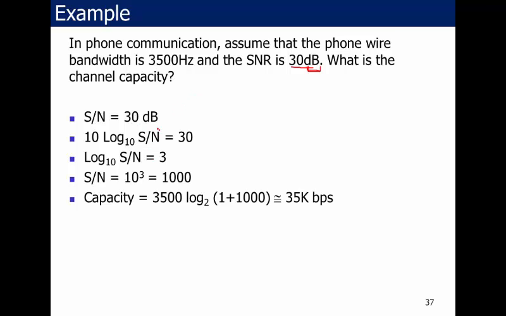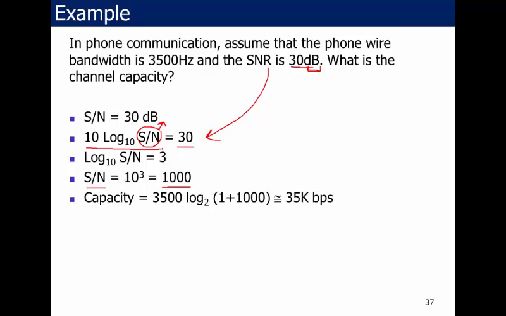SNR is only this portion. The entire thing is 30. So from this formula, we need to calculate this term only. So the SNR, signal to noise ratio, is 1000. You need to calculate this, right?